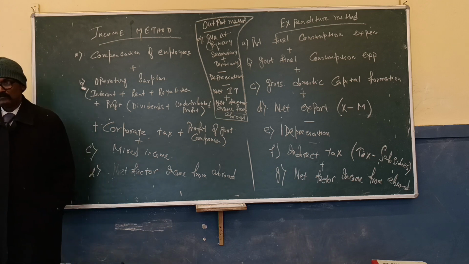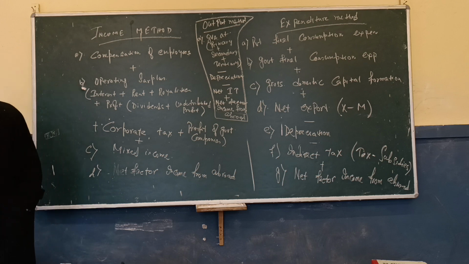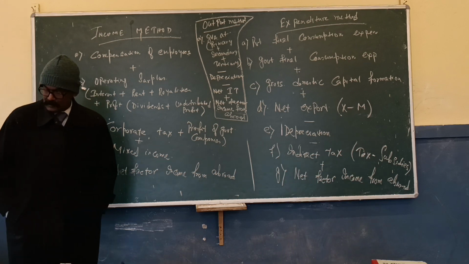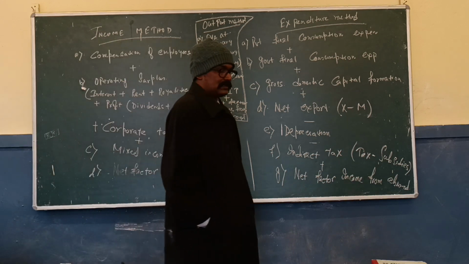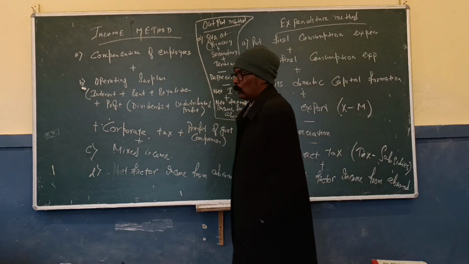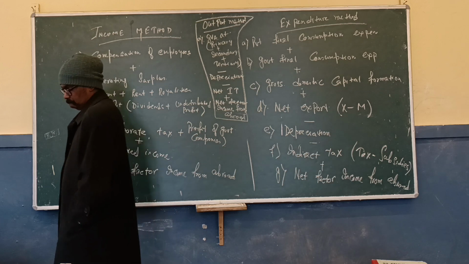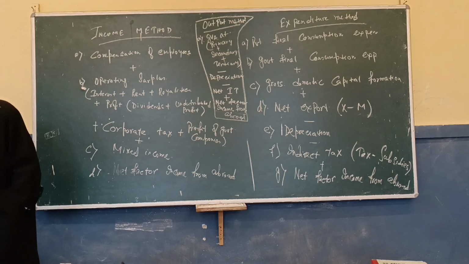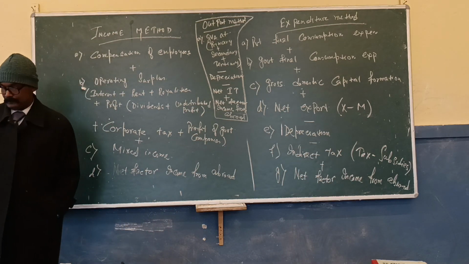Now comes the third component, that is indirect tax paid by all the sectors, 50.